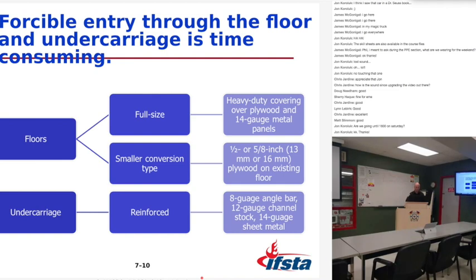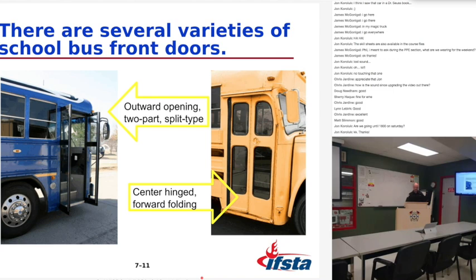School bus front doors. There's two types, A and B, stock versions. Nader safety locking mechanism. Sounds like that might be easy to forward folding or two-door.